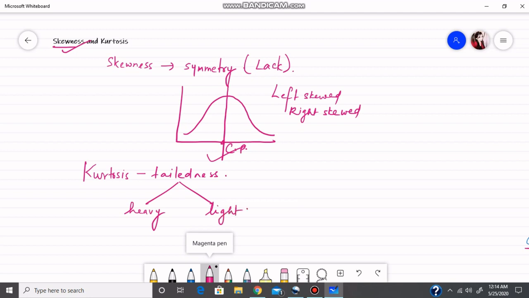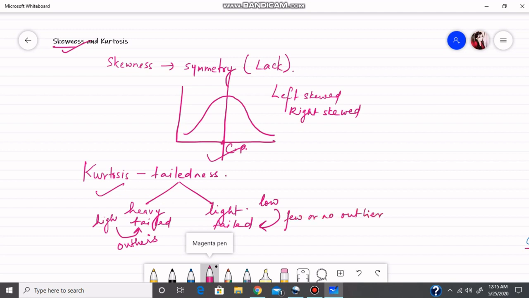Now what do we mean by heavy tailed and light tailed data is that if we have the value of kurtosis as high, the high value of kurtosis corresponds to the heavy tail, and the low value of kurtosis corresponds to the light tailed. The high value shows that there is a presence of outliers, whereas the low value shows that there are very few or no outliers that we can associate with our data set.